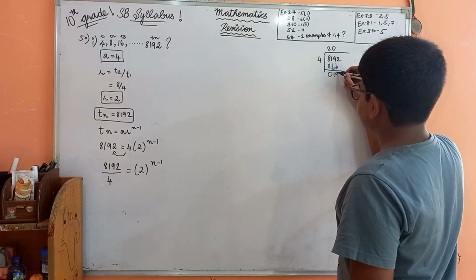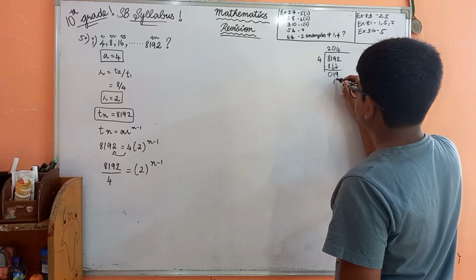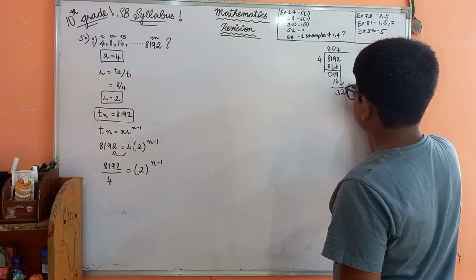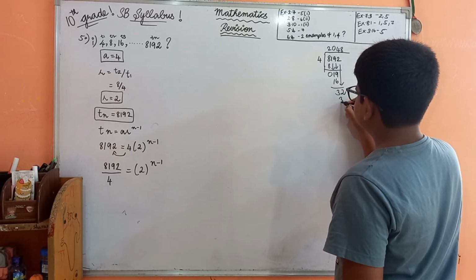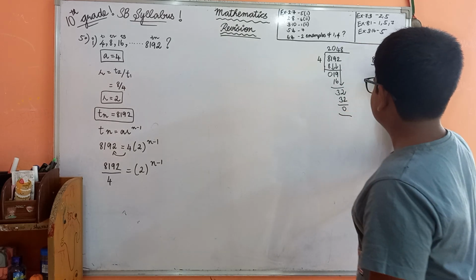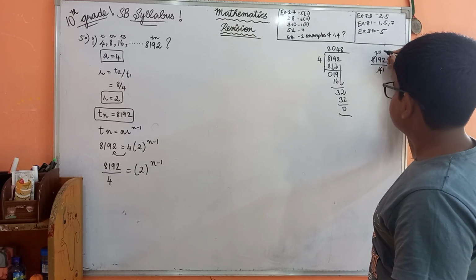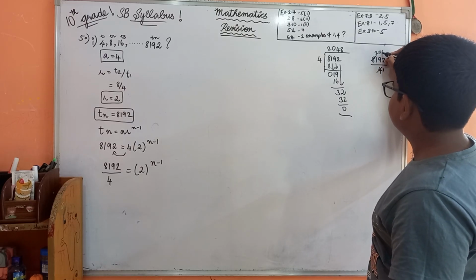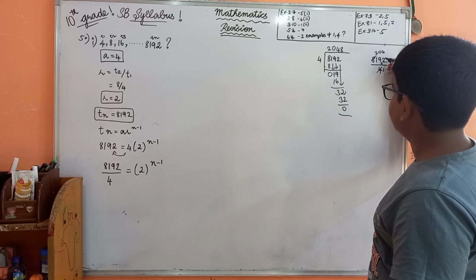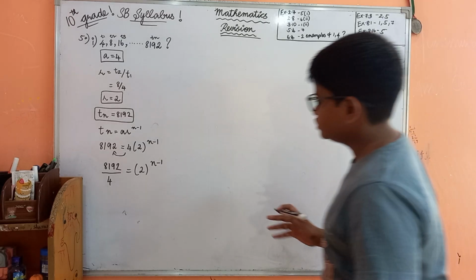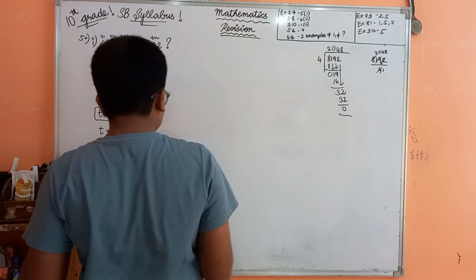Make it two numbers, 19. 4 4s are 16. 3, 32. Then 8, 0. So 1, 2. Take two numbers, 16. So 4. Remaining 3, you can put as 8. So that's how we get 2048.